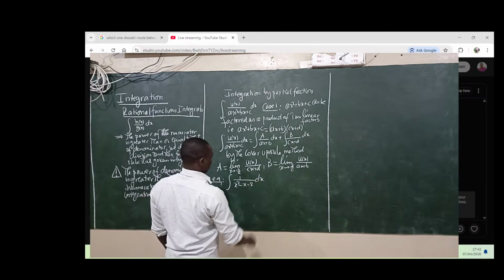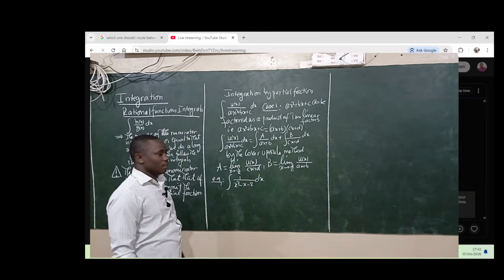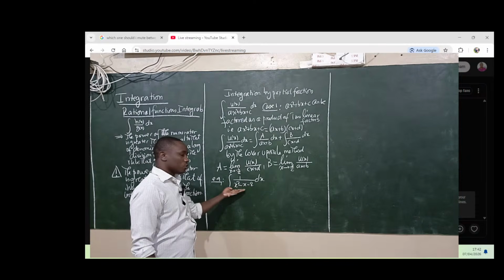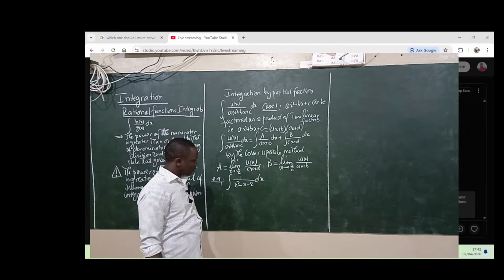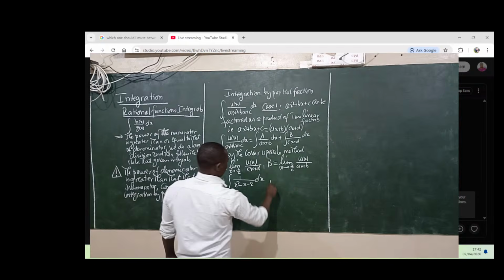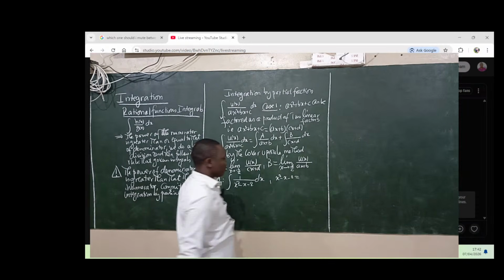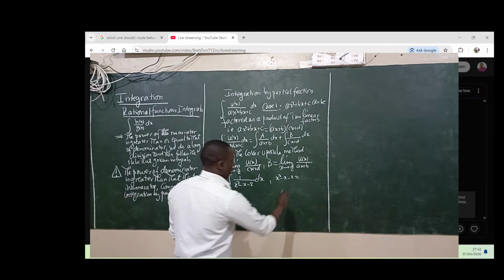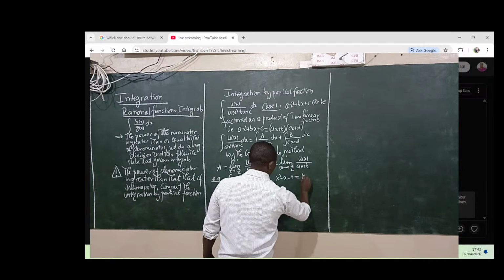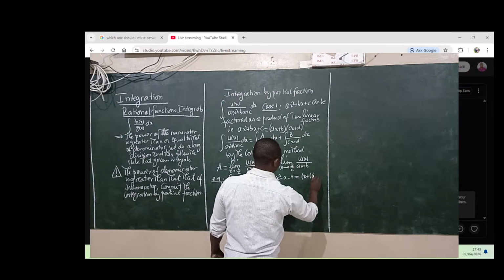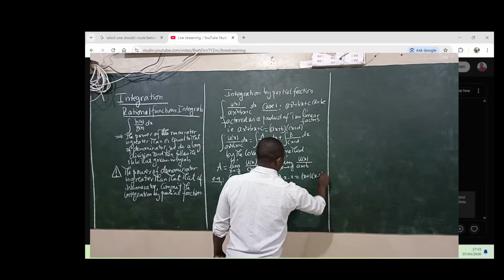Can we let this as a factor of two linear functions? Look, x squared minus x minus 2 can be factored as x plus 1 into x minus 2. Here is the factor form of this.